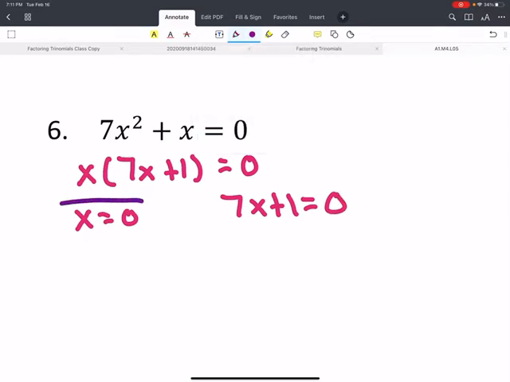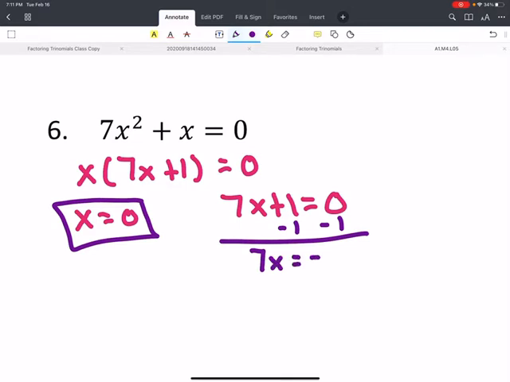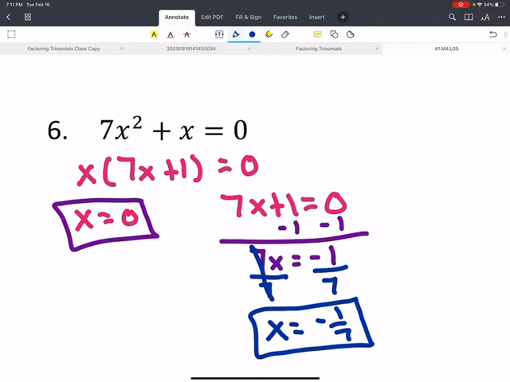Well, this one's already solved. x equals 0. But over here, I have to subtract 1 from both sides. That gives me 7x equals negative 1. And then I don't want 7x, I just want x. So I'm going to divide both sides by 7. That cancels. That leaves x equals negative 1/7. So x can be 0 or x can be negative 1/7.